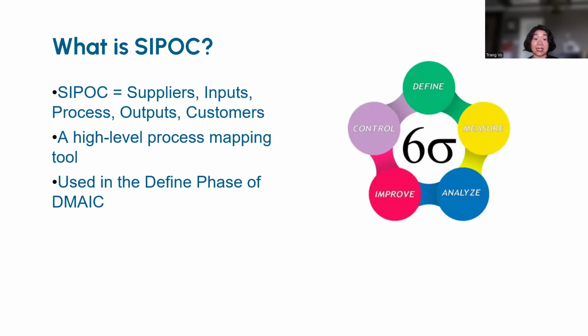So, what exactly is SIPOC? It's short for suppliers, inputs, process, outputs, and customers. Think of it like a bird's eye view of any process. It shows who gives you what, what you do with it, and who gets the result.